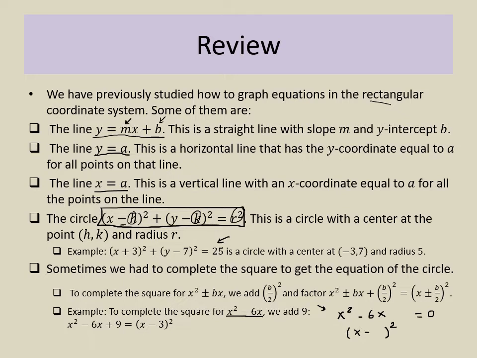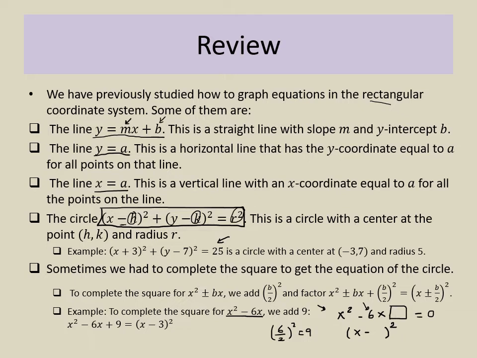The method of completing the square says that I can take this middle number here, b, and divide it by 2, so I can take 6, divide that by 2, which gives me 3, and then square it. So 6 divided by 2 is 3, 3 squared is 9, and that tells me that the missing number that I need here for completing the square is 9.